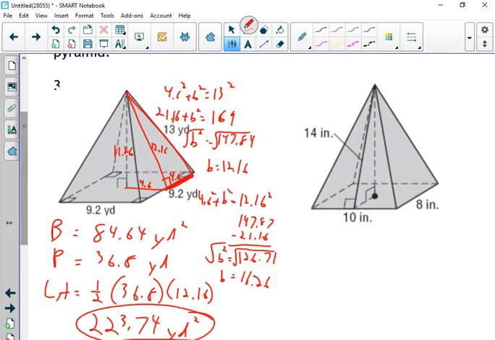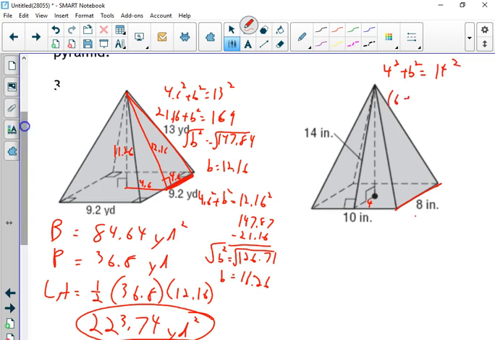Now, notice what we have here. We do not have a regular pyramid because we have a rectangle for a base. So if this is 8 here, then that means this is 4. So we need to find the true height, which is going to be 4 squared plus b squared equals 14 squared.